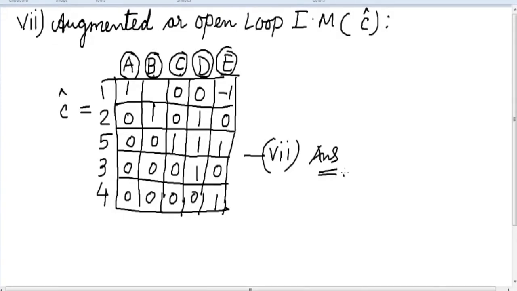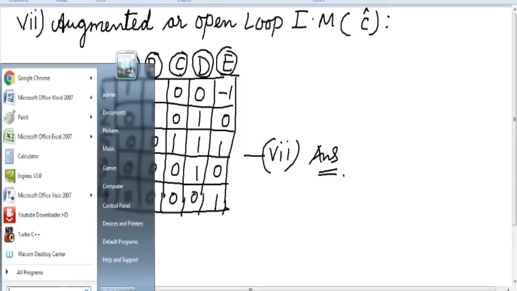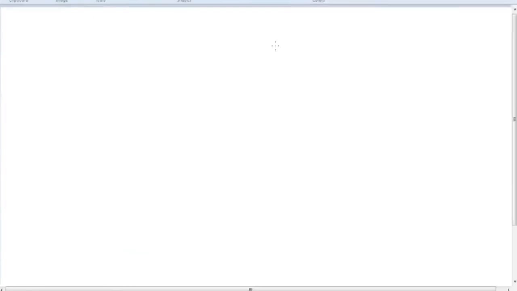Yes, any problems till now? Okay, then if there is no problem, let us start with the new problem, and with this problem we will be verifying the identities.